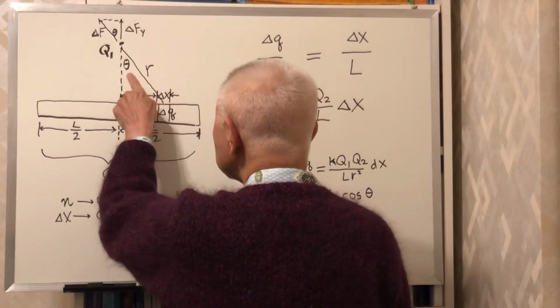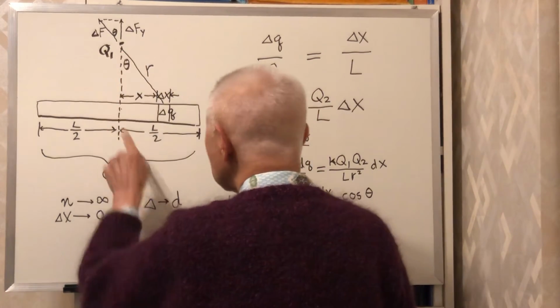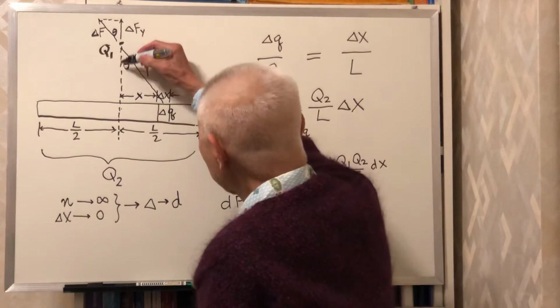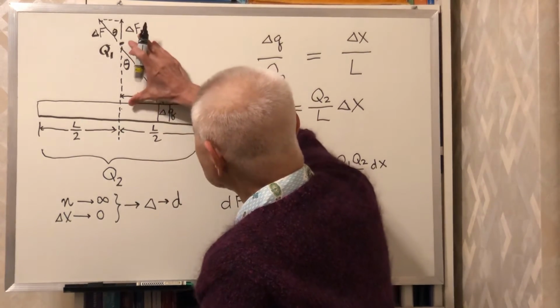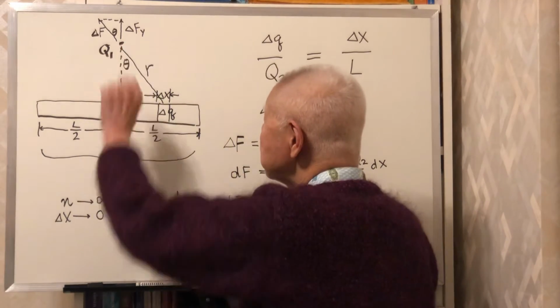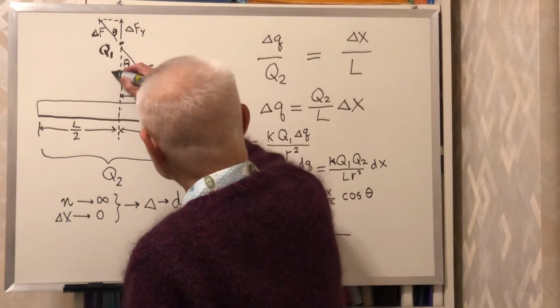R and theta are here. Look at this right triangle. This distance is fixed. Let's call this distance y.